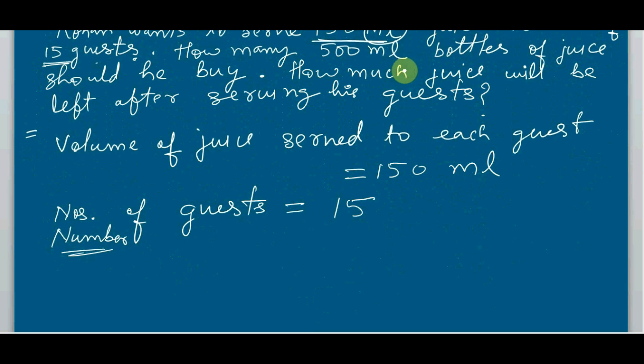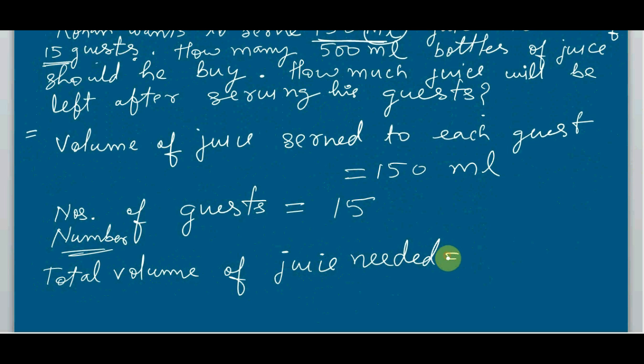Okay, how many 500 milliliter bottles of juice should he buy? So first of all I will find the volume of juice required as a whole. Okay, so you will write total volume of juice needed or required equal to, it will be more, so you will multiply 150 into 15, it will be 2250 milliliter.